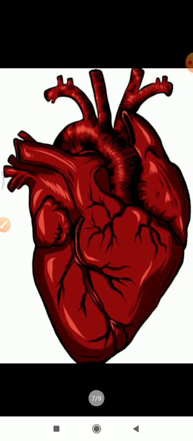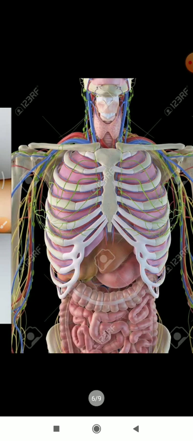So you can see this is your heart. Then we will read where your heart is located. Your heart is located in the chest cavity, slightly towards the left, and is protected by the rib cage.